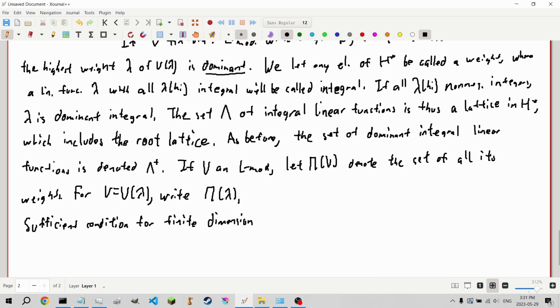It comes with a theorem. It starts with a theorem, which comes with a corollary, before we prove any of it.